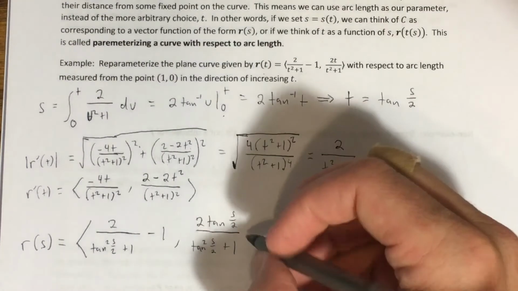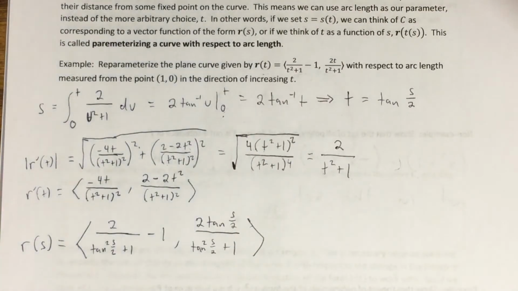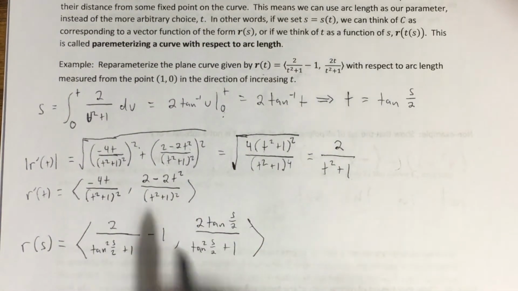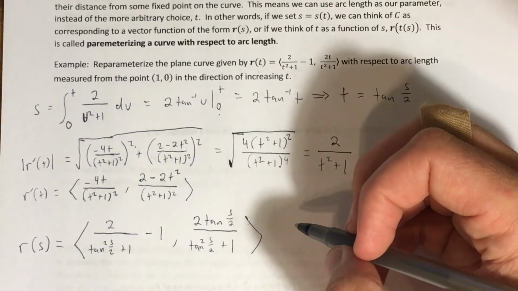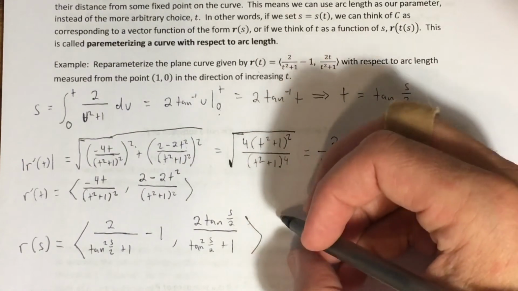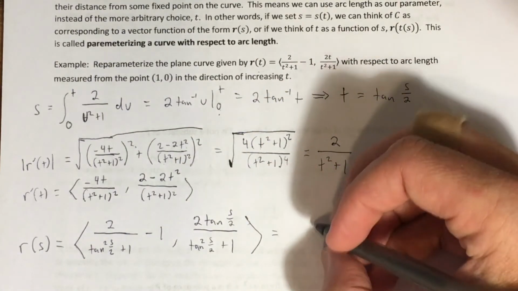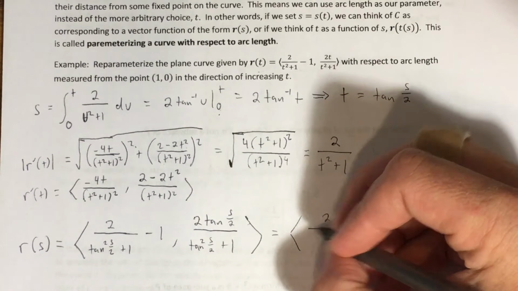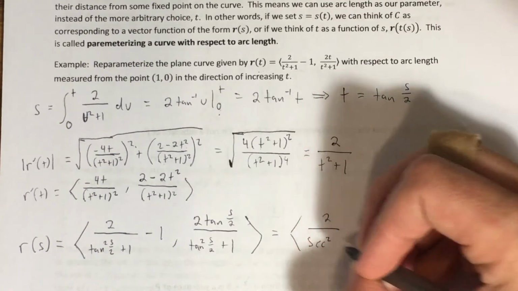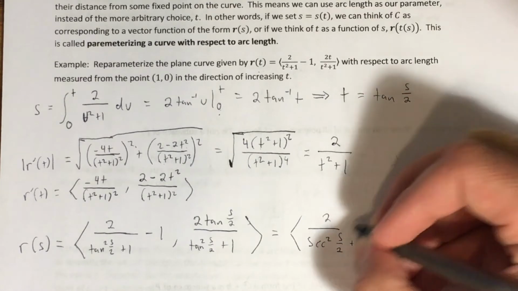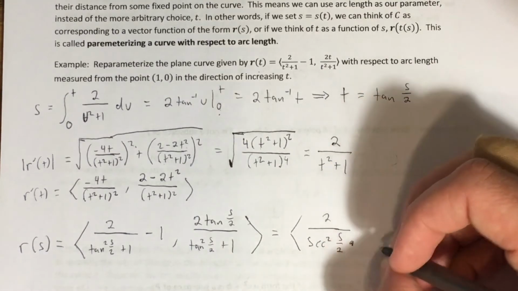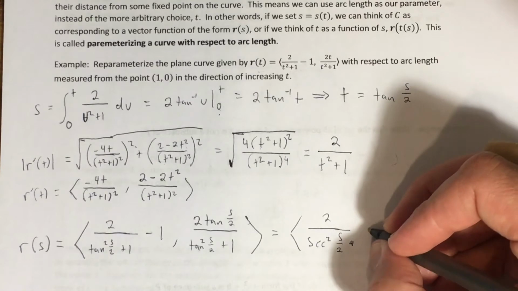I could technically leave it that way if I wanted to, or if I were to do some trig identities on this thing. I know that tangent squared of something plus 1 is equal to secant squared. So I could write this as 2 over secant squared of s over 2.